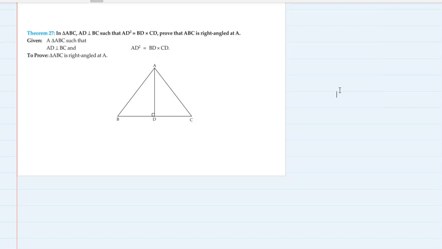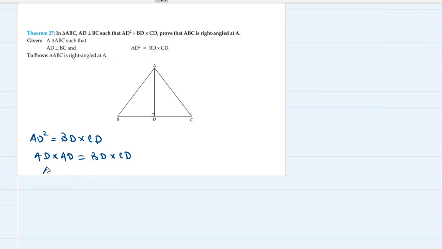All right. How will you prove? That is the question. So here also, I will start with the backdoor technique. AD square is equal to BD into CD. And then I will write it as AD multiplied by AD is equal to BD multiplied by CD.